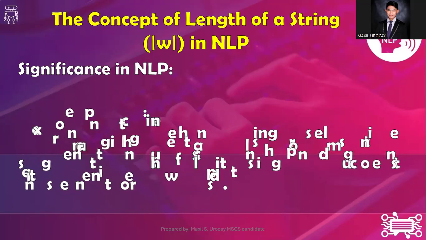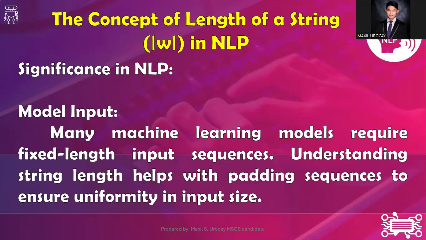Next, we have the model input. For the model input, many machine learning models require fixed length input sequences. Understanding string length helps with padding sequences to ensure uniformity in the input size.